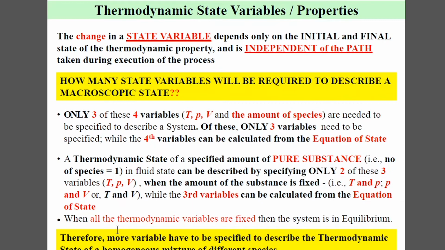If different species A, B, C are present, then the number of moles of A, B and C need to be specified. So if I have a pure system with a specific amount, then only 2 out of 3 variables are required, and the other gets fixed by the equation of state.